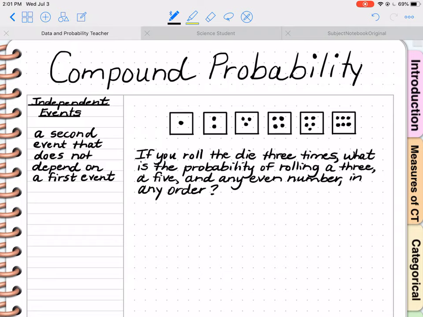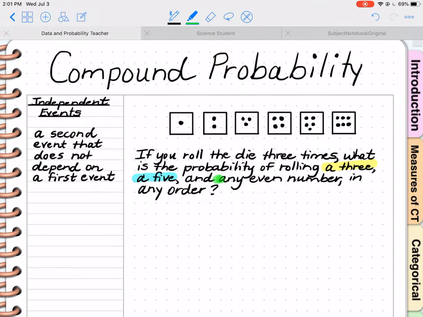If you roll the die 3 times, what is the probability of rolling a 3, a 5, and any even number in any order? Now don't panic on me. Let's break this down. We want to get a 3. We want to get a 5.